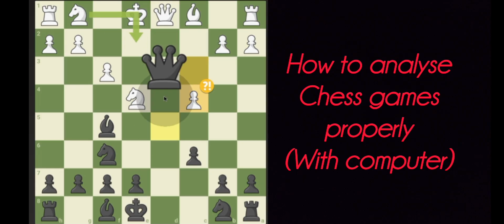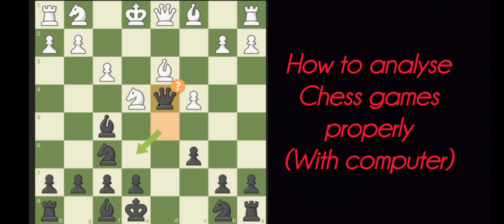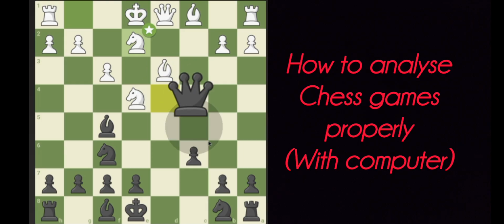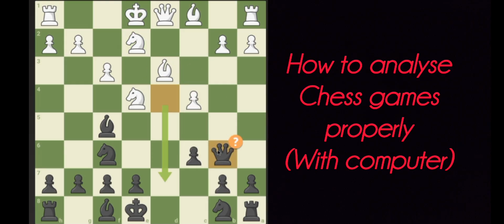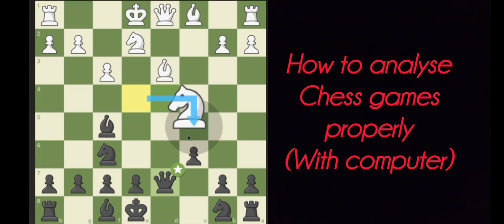Now I played queen to d4. This is a mistake. I should have thought about it, but that time I just played it fast. Now knight to e2. Yes, he played the same move. Now I played queen to b6, which is a mistake, because here queen to d6 does not put my queen in any danger.